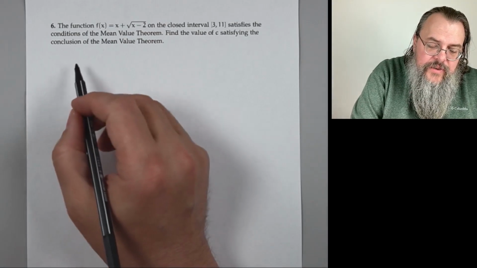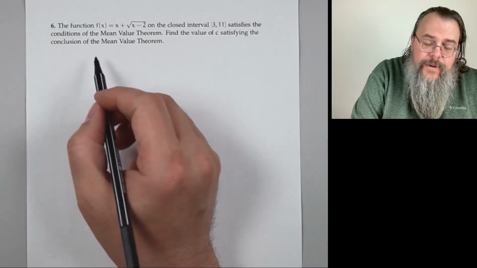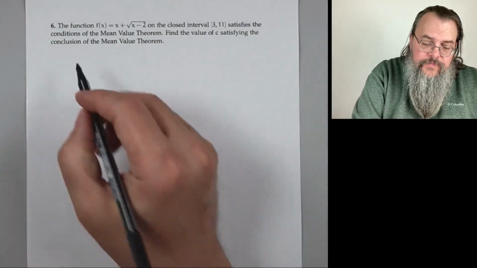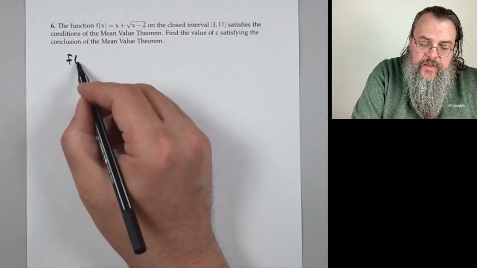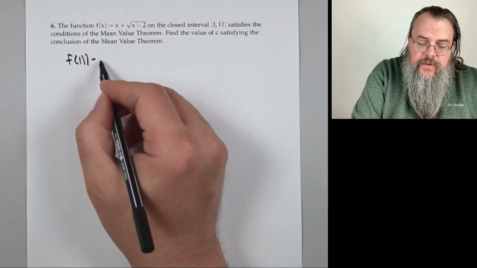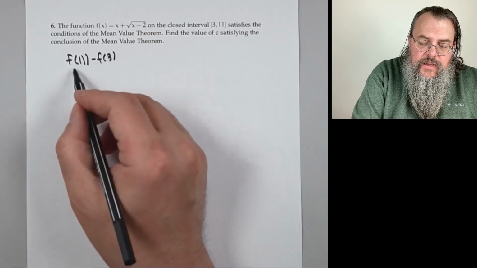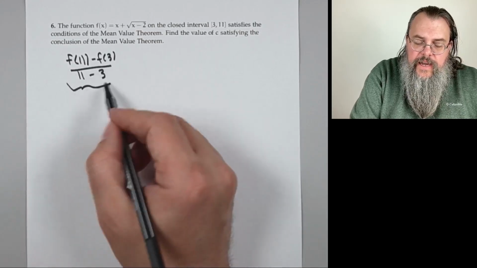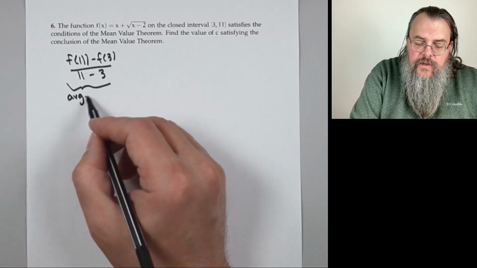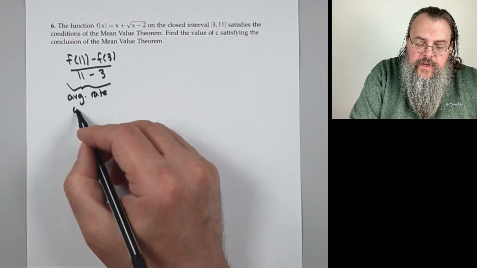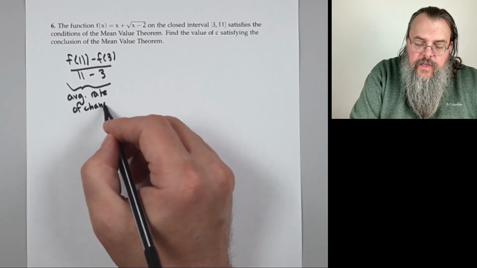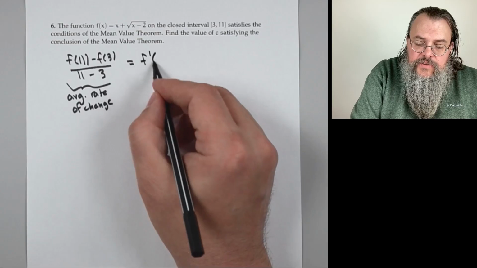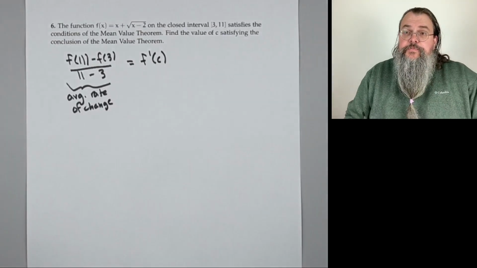And in particular, it says, well, we can talk about the average rate of change between 3 and 11. So that would be: take the value of the function at 11, subtract the value of the function at 3, over 11 subtract 3. So this is your average rate of change. And the mean value theorem says, hey, this is equal to the instantaneous rate of change at some point.